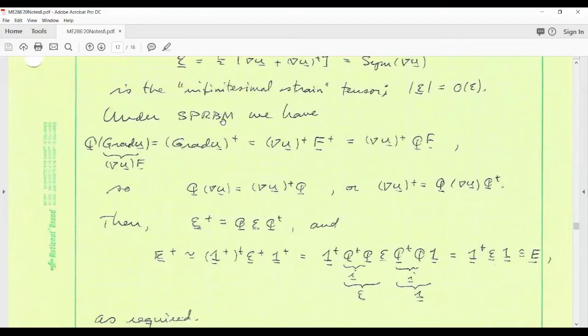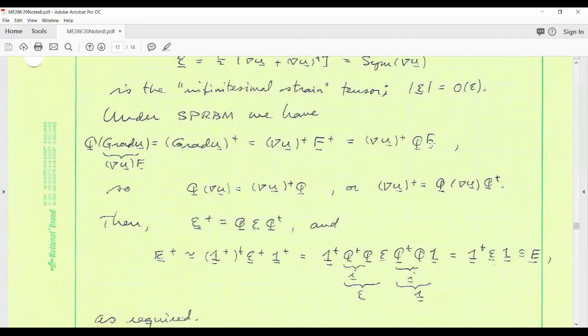For example, under superposed rigid body motions, we know that grad U plus is Q grad U, where Q is the rotation associated with the superposed rigid body motion. This is exactly equal to spatial gradient U times F. And grad U plus would be the plus version of that.